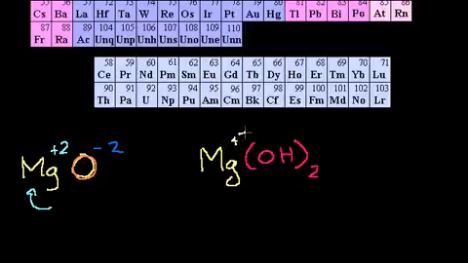And remember, in order for everything to work out, if it's a neutral compound, all of the oxidation states in it have to add up to 0. So let's see if that's going to work out. Now, oxygen, my impulse is that its oxidation state tends to be -2. So let me write that down. And hydrogen, remember, in this case the hydrogen's bonded with the oxygen first, and then that's bonded to the magnesium.